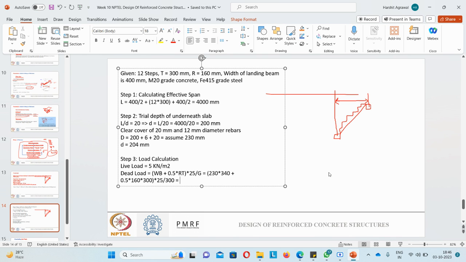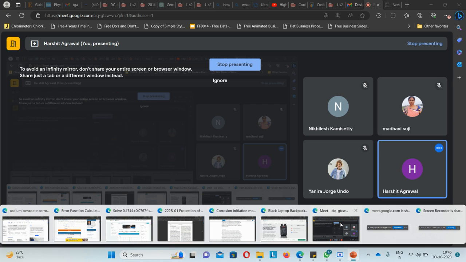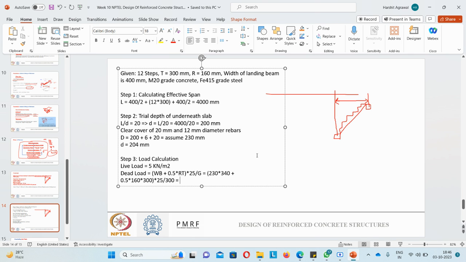So upon doing this calculation, I hope I am audible. Yeah, so we'll get 230 into 340 plus 0.5 into 160 into 300 into 25 divided by 300.